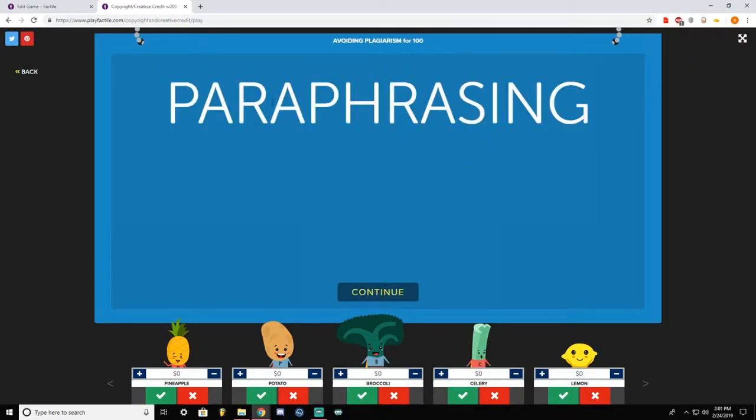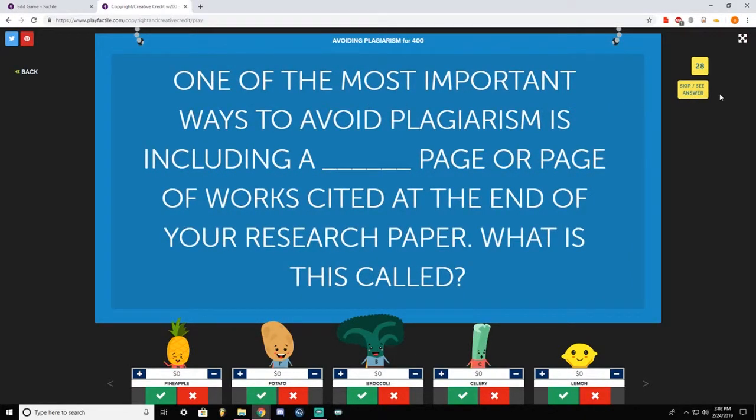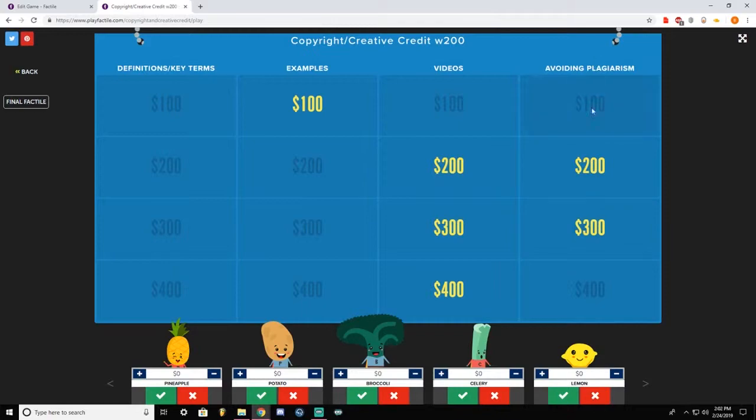So for this, it's paraphrasing, and then they would read the question and then have to answer what that was. And for this, it was paraphrasing. Another one is referencing, or using a reference, so like referencing a website or an article, and that's going through that. That's basically all the standards from the lesson plan I used in here.